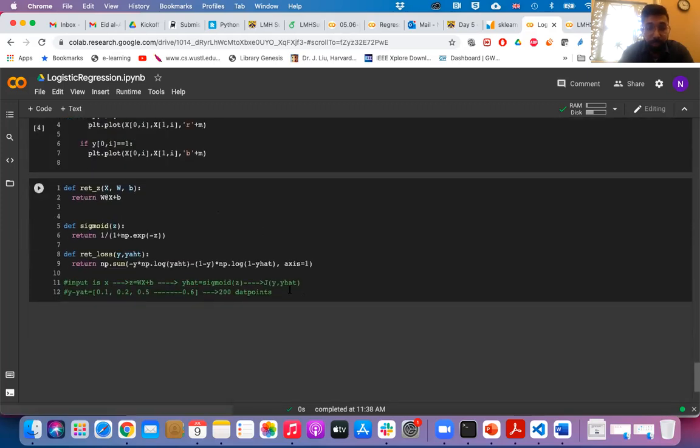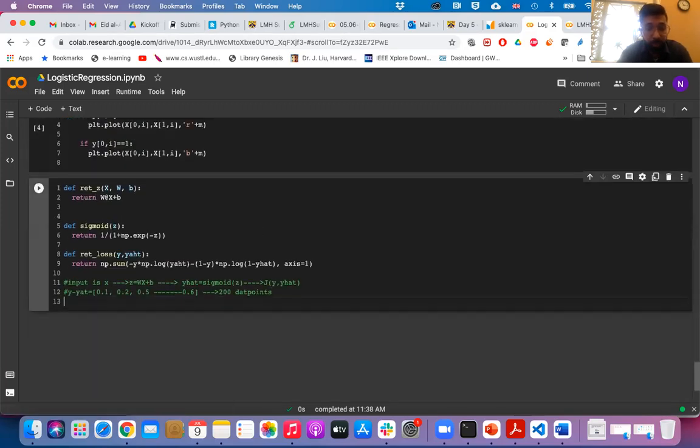Now, if you look at the mathematical definition of the loss, it is the sum from i equal to 0 to n over all the points of J of y i, y hat i.